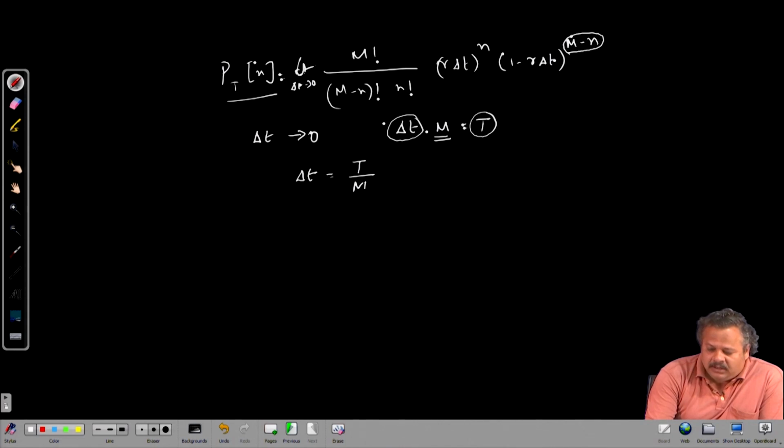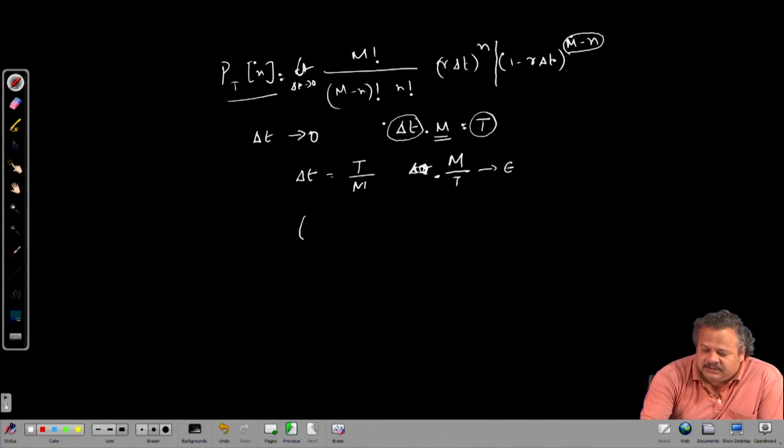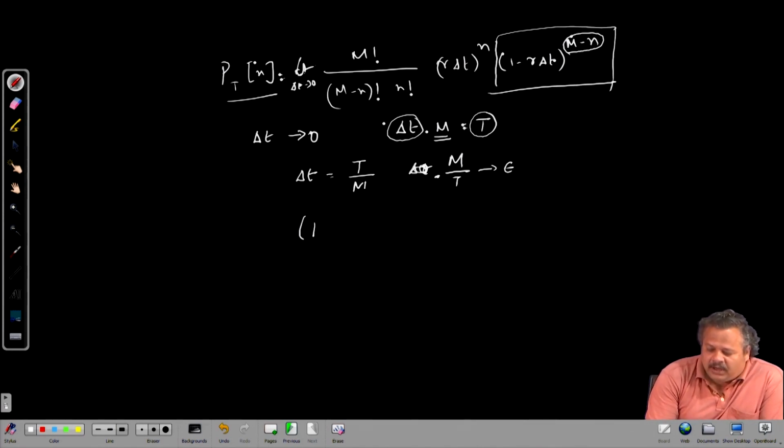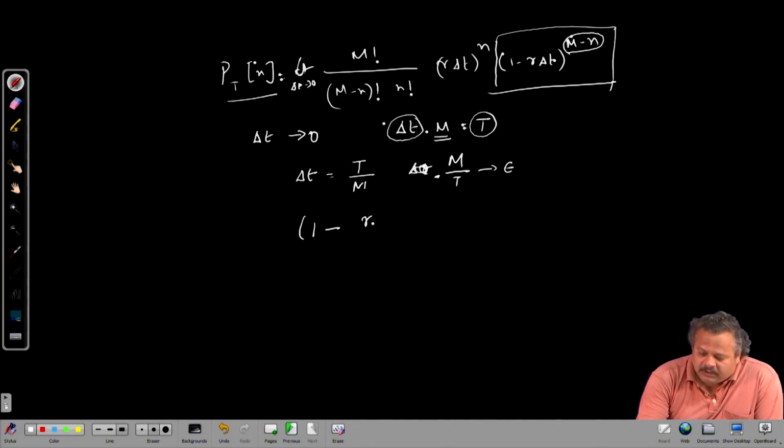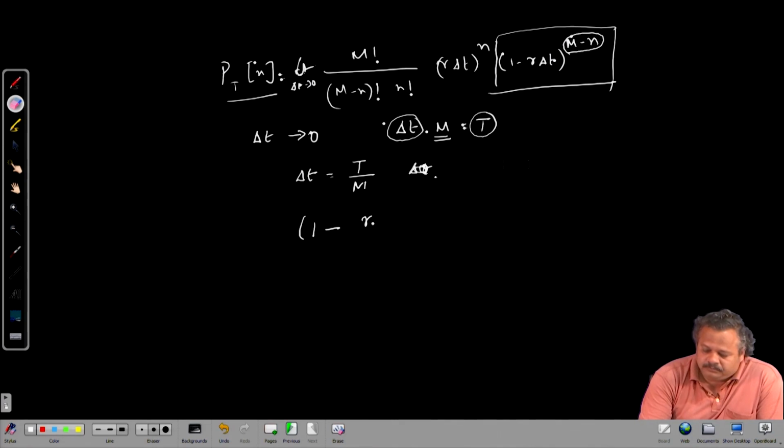And if we replace m by T by epsilon, or minus m by T by epsilon, then if we consider the second part only, we have 1 minus r delta t, and minus r delta t is replaced by epsilon.